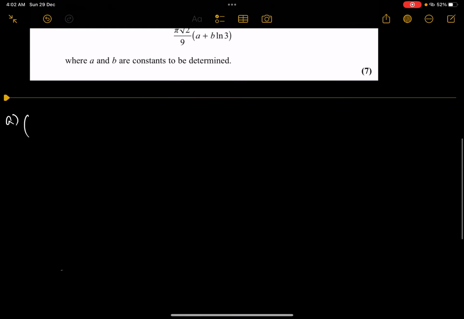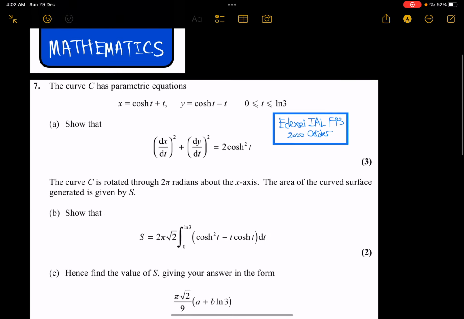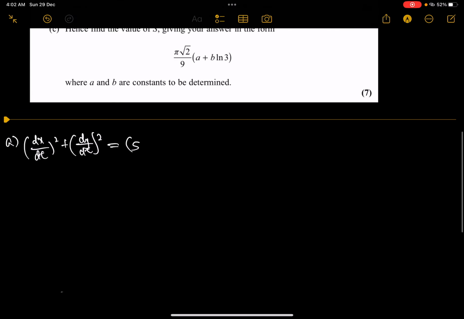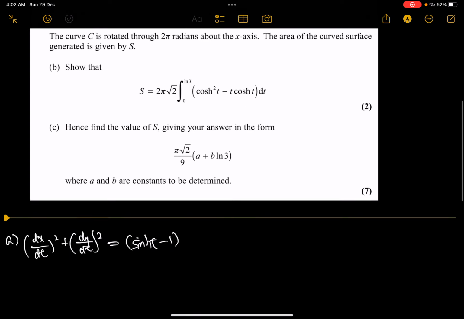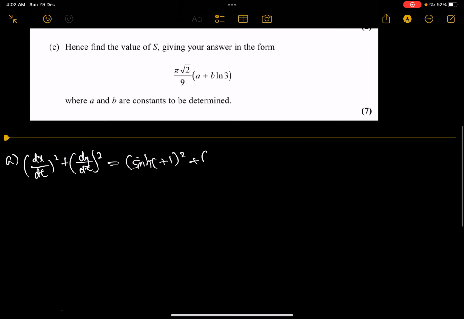So we have dx/dt is hyperbolic sine of t minus 1. Oops, that's a plus. And then dy/dt is hyperbolic sine of t minus 1 squared. So we have 2 hyperbolic sine squared t minus 2.